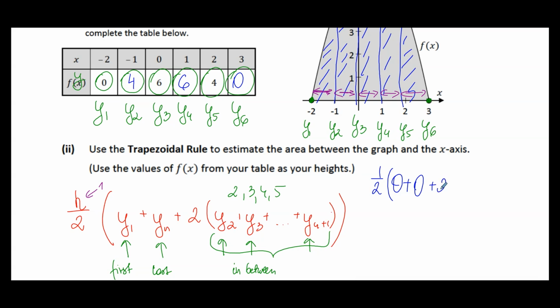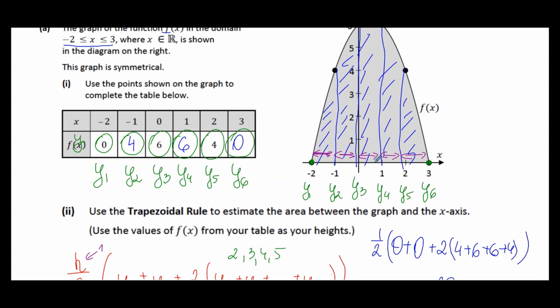That's what I always tell you. Okay, and then 2 multiplied by all those in between. So 4 plus 6 plus 6 plus 4. And now all of that goes into your calculator. You press equal and you get 20. And that is 20 square units. That's the area here between the graph of the function and the x-axis.